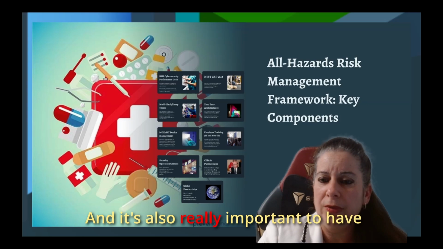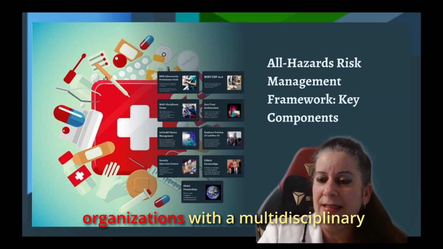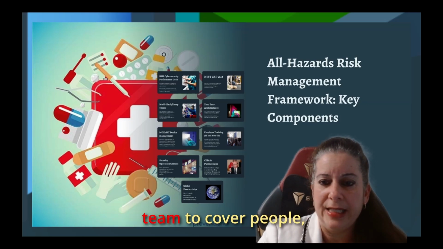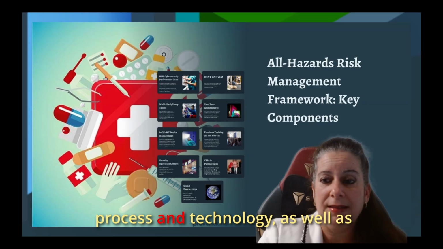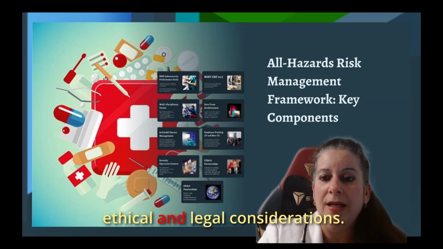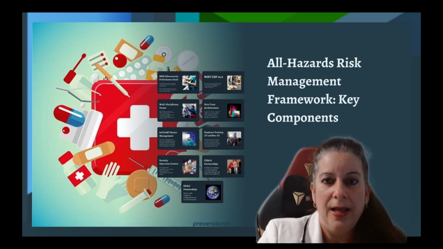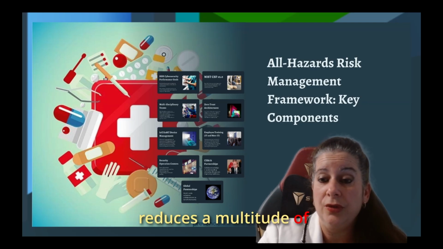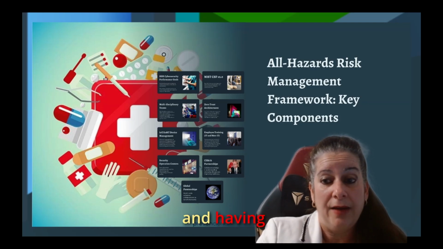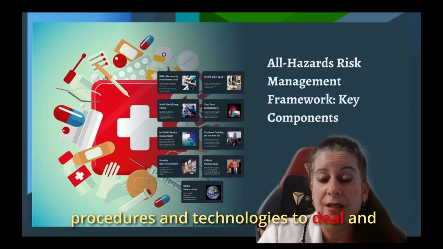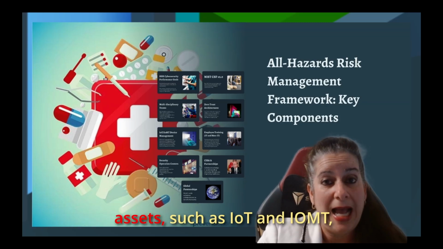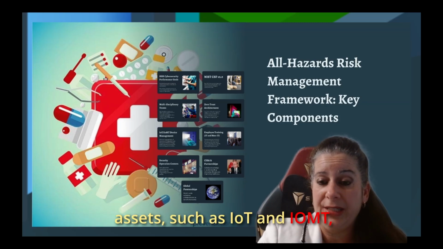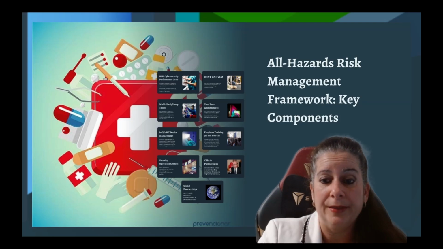It's also really important to have organizations with a multidisciplinary team to cover people, process, and technology, as well as ethical and legal considerations. Deploying a zero trust architecture reduces a multitude of risks technically, and having procedures and technologies to deal with and manage non-traditional assets such as IoT and IoMT is really very important.